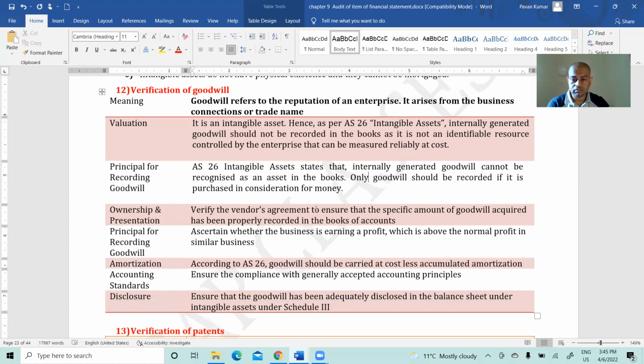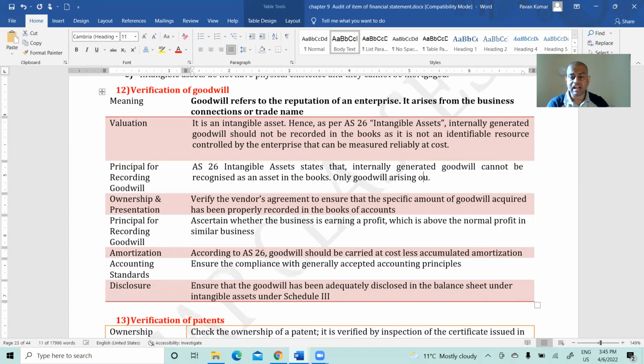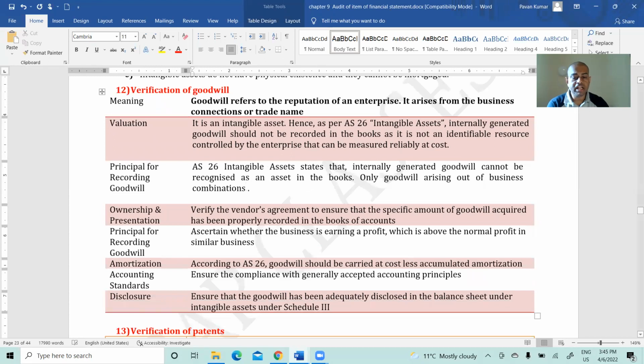Only goodwill that is purchased, only goodwill arising out of business combinations can be recorded. This is appropriate, correct? This is making more sense. Goodwill arising out of business combination means amalgamation and consolidation. Guys, do you understand this para?